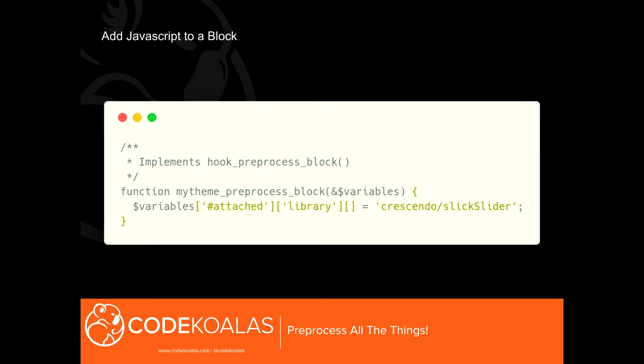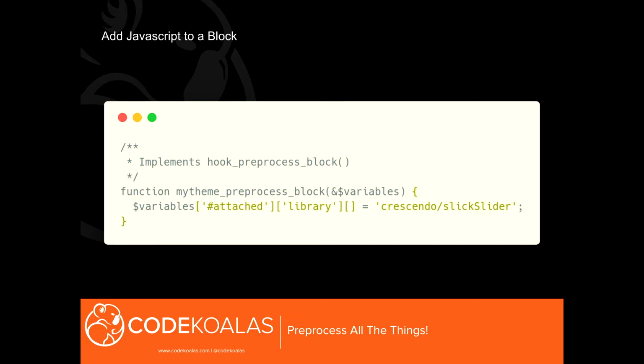What we would do is find the preprocess block function. It doesn't have to be, in this example I did it for every block, but you can specify exactly, oh, I only want to do this on my slider block, and then you can add in the attached library variable. You can attach this library to that specific block.